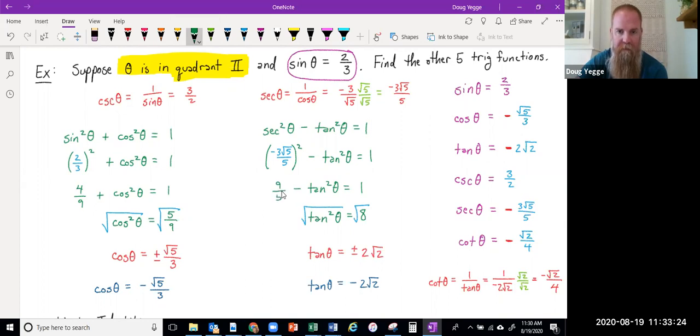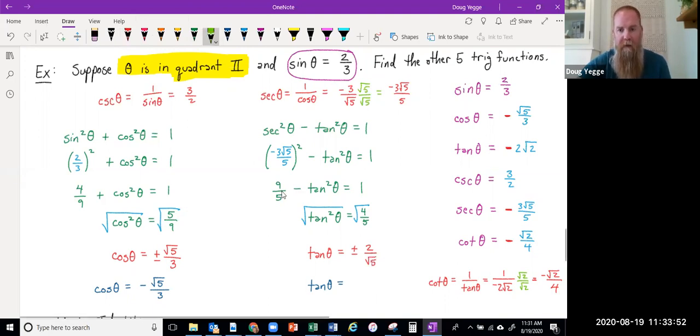9/5. Which means when I subtract 9/5 from 1, I end up getting negative 4/5. So this is going to be 4/5, which means that this is incorrect. So I can revisit this now. And this is going to be 2 over root 5.